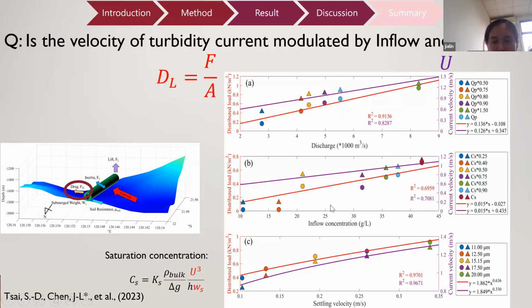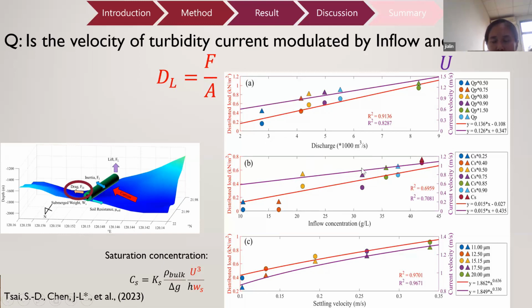So in our numerical test, we try to use a range of river discharge, also a range of sediment concentration from the river, and also a lot of different settling velocity. We want to know how best to design the subsea cable, and what is the more important parameter in the environment for consideration in this design.